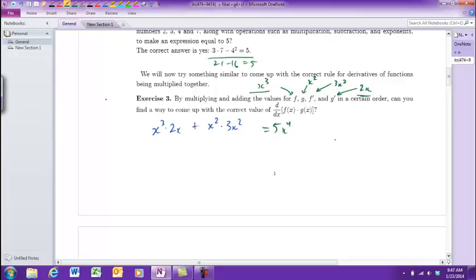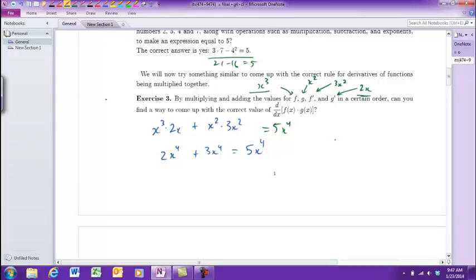And then I think, well, what happens if I just add those two together? Well, this becomes 2x to the fourth plus 3x to the fourth, which in fact is equal to 5x to the fourth. So what do we do here?